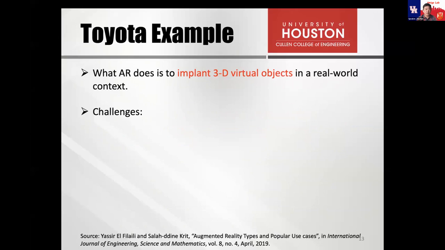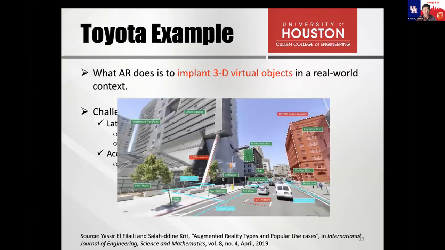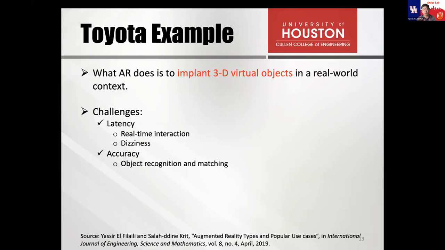Here, basically, we want Toyota to provide virtual objects in the real-world context. For example, nowadays, if you buy a Mercedes-Benz S-Class, they have a head-up display, so they put the map and also some important information projected on the front screen.